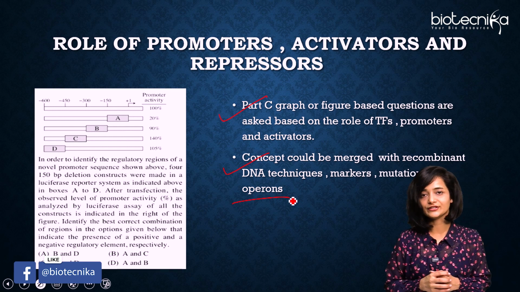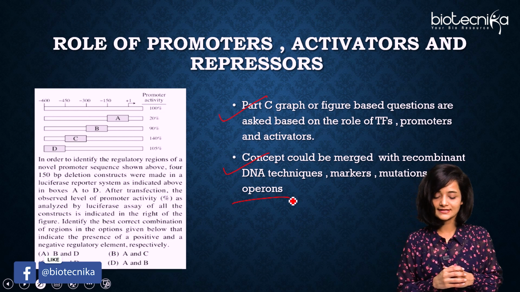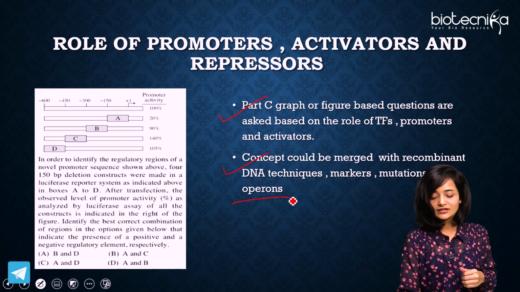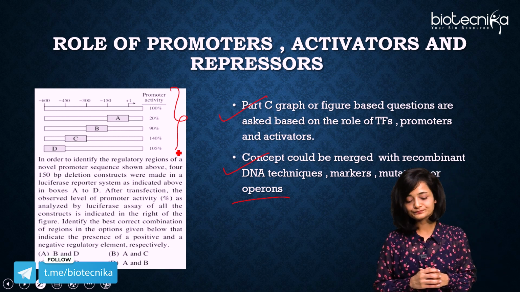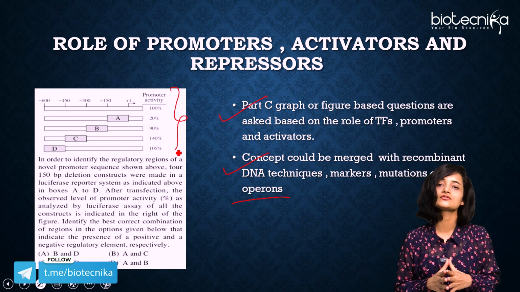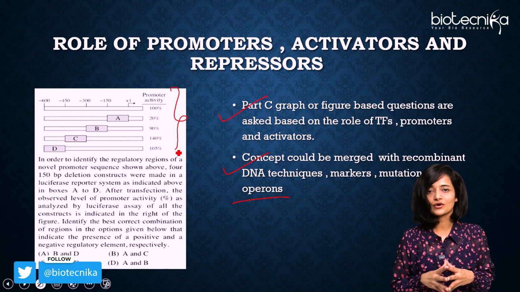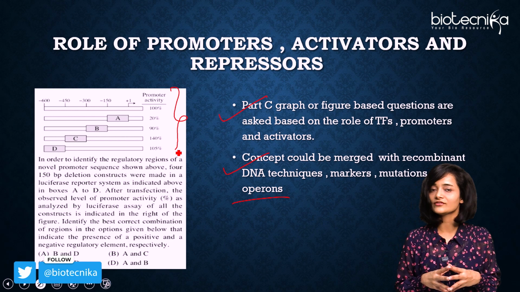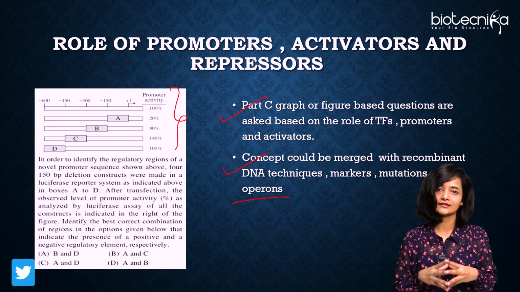I have taken an example here. This question has been picked up from the CSIR NET exam. This question basically deals with the activity of the promoter. For this slide also, I want you to pause the video, read the question, see what it is asking, and try to solve it yourself. If you get an answer, write it down in the comments.